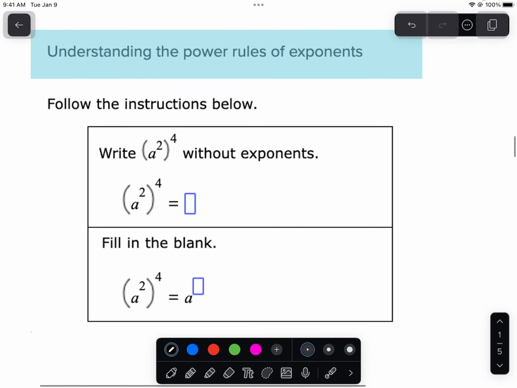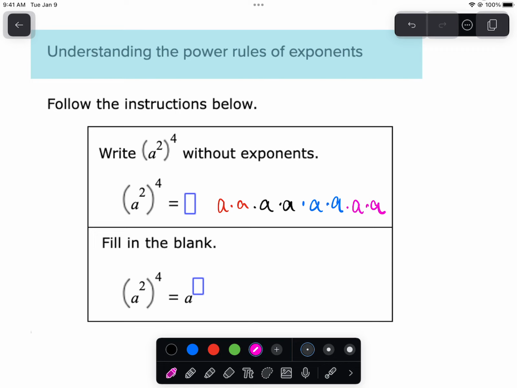Let's take a look at this one. It says understanding the power rules. So we went over the power rules, but this is trying to illustrate what the power rules are. The first one says write a squared to the 4th without exponents. So what they're looking for is a times a times a times a times a times a times a times a. You'll notice we have 4 sets of 2.